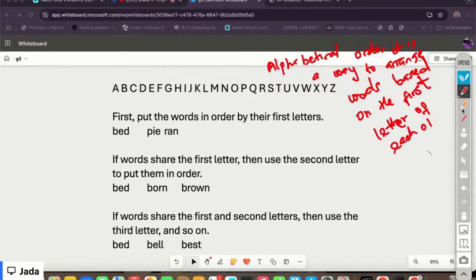So that's just what we mean by alphabetical order, okay?